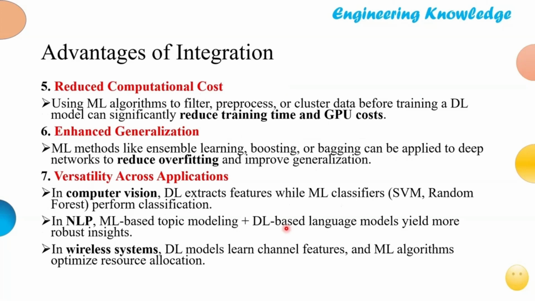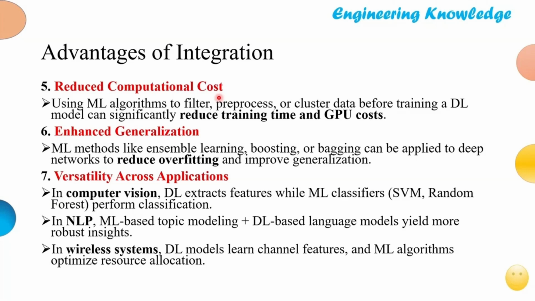Other advantages like reduced computational cost are very important, because when I use a machine learning model before a deep learning model, I am actually increasing the data set to train the model. So now the number of epochs can be reduced. Therefore, to achieve a certain mean square error, we can use fewer epochs.